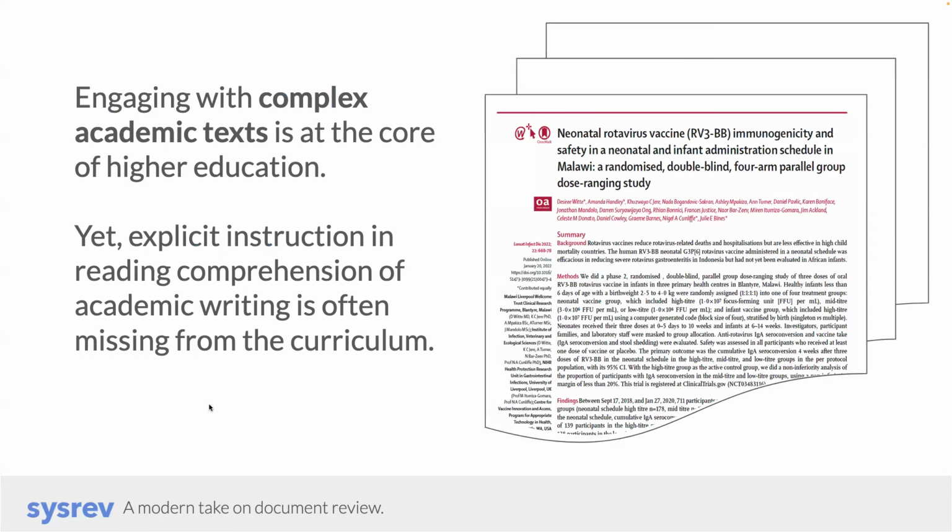So again, the challenge that we're sort of focusing on today is how we get students, particularly higher ed students, more engaged with complex academic texts. So this is something I've encountered quite a bit in my role as a librarian, working with both undergraduate and graduate students. And this is a skill that's really fundamental across almost every discipline.